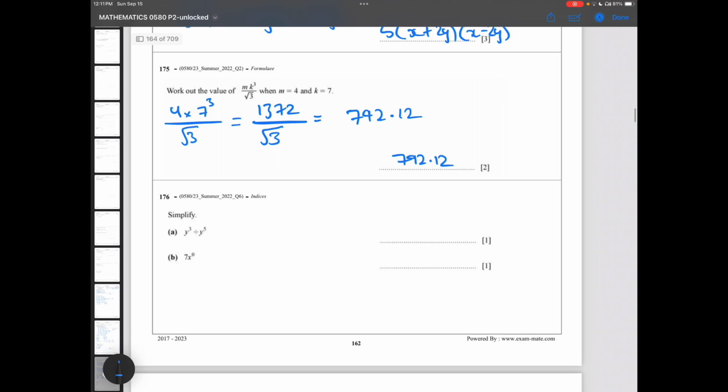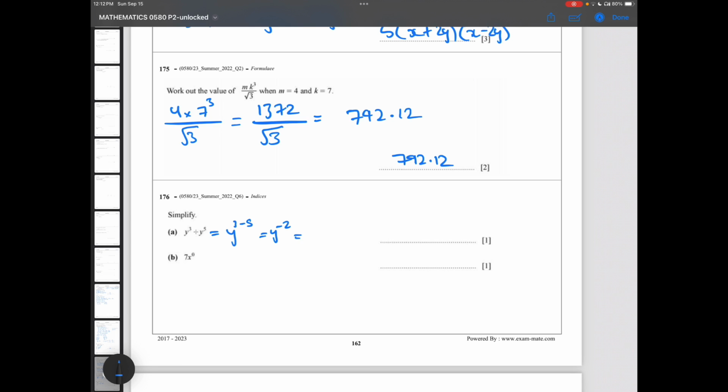Now in question 176 it says simplify y cube divided by y to the power 5. From the law of indices, when we have the same bases and they are being divided, we need to subtract their powers. Over here we get y to the power 3 minus 5, which is y to the power minus 2.